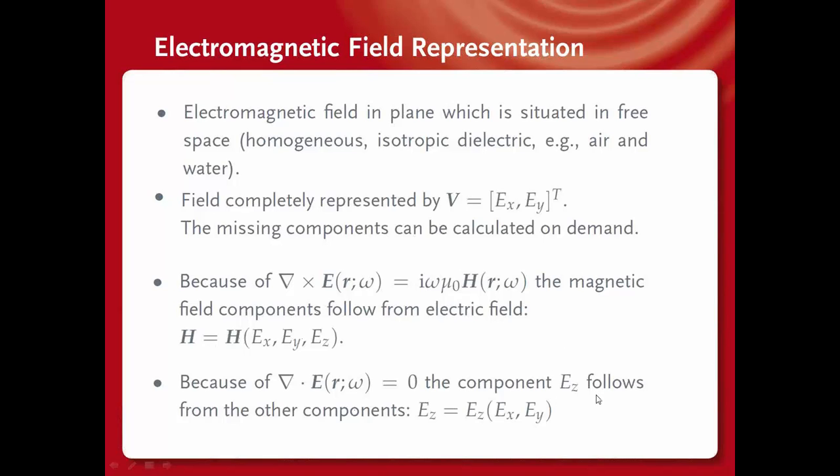That means that VirtualLab includes all of the six electromagnetic field components if they are required. So you are also able to calculate the electric field, the magnetic field, for example.